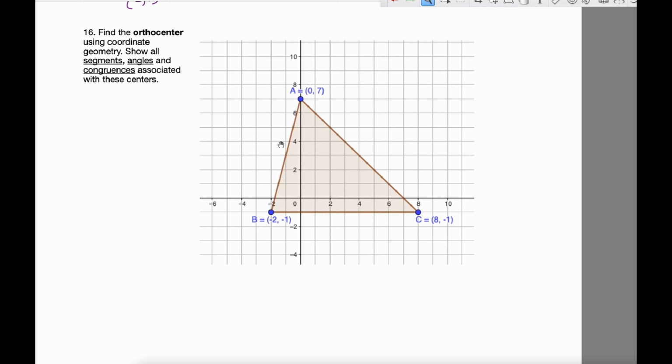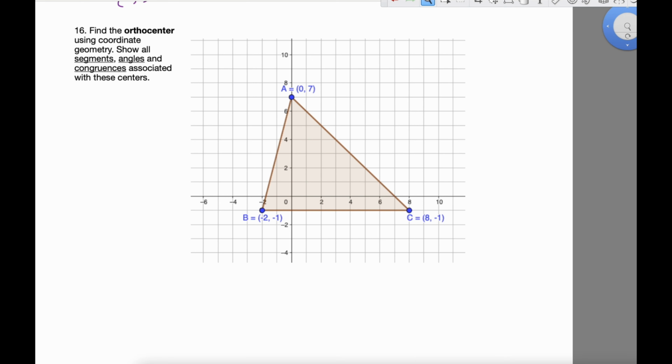Last one. Find the orthocenter using coordinate geometry. All right, so we're going to go from a vertex to the opposite base, forming a 90. Okay, so we're making altitudes, right? Altitudes. We're going to find 3 of them.